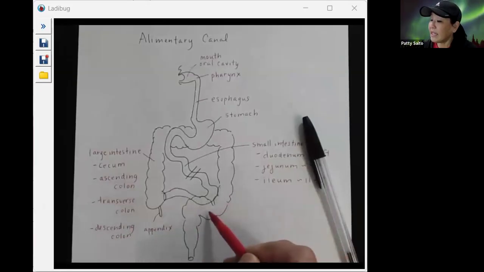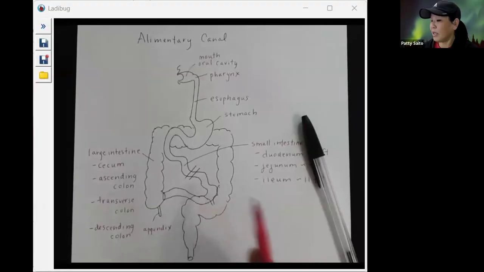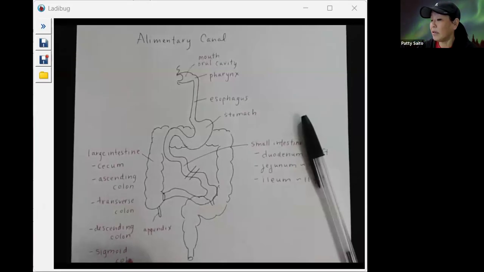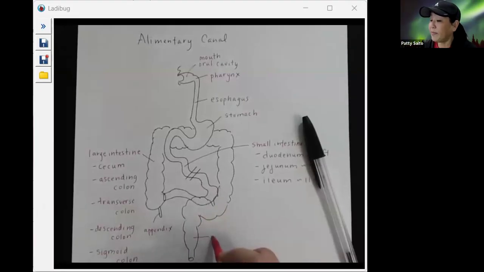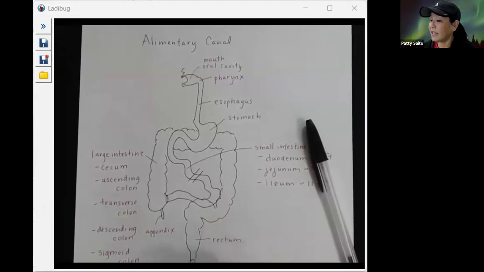And then lastly, there's this little S-shaped curve we call the sigmoid colon. Okay. After that, then we get the rectum and then the anus.